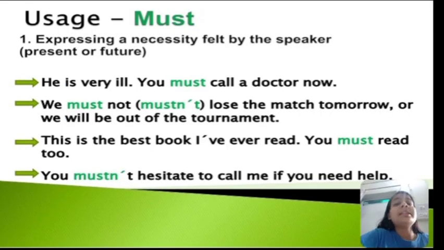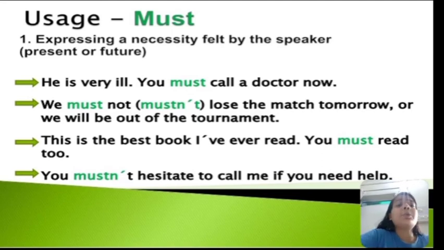Now let's see the uses of must. Must is used for expressing a necessity felt by the speaker. Must is generally used in the present and future tense. Like, he is very ill, you must call a doctor now. We must not lose the match tomorrow or we will be out of the tournament.